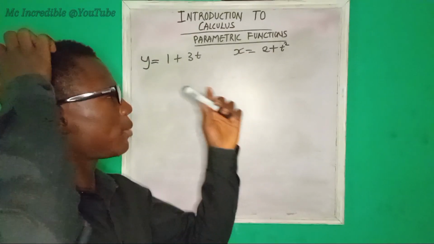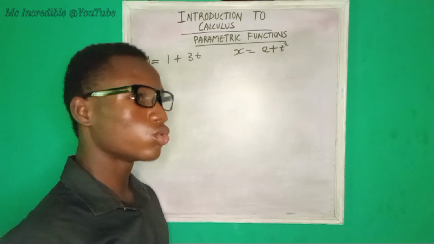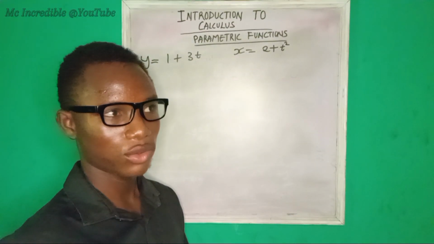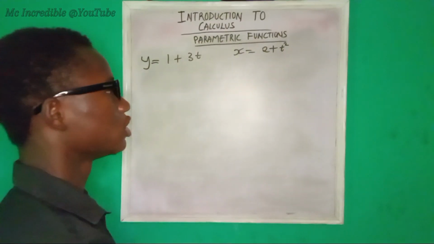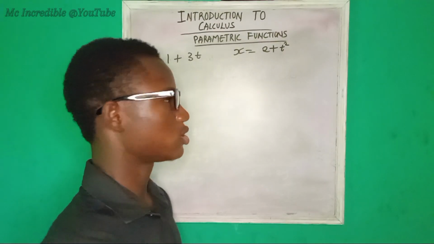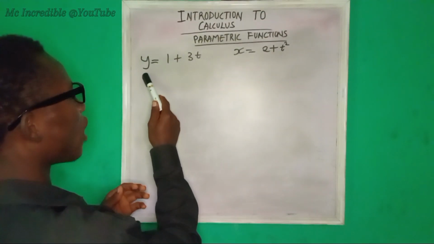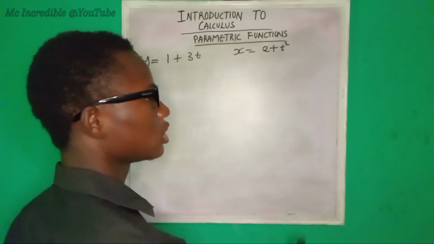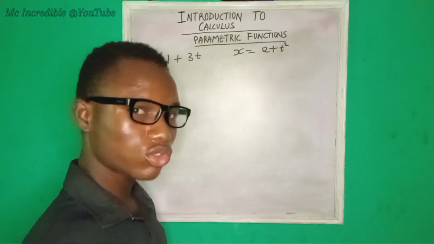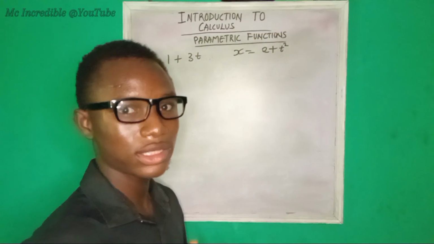So now in parametric equations, if we are told to find dy/dx, we are told to differentiate things in parametric equations. There is a way that we go about it. We differentiate y with respect to t, differentiate x with respect to t, and then we try to cancel the derivative of t out somehow.